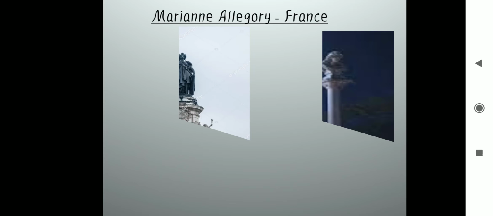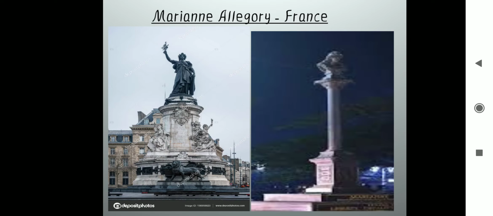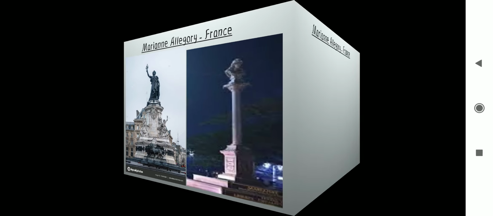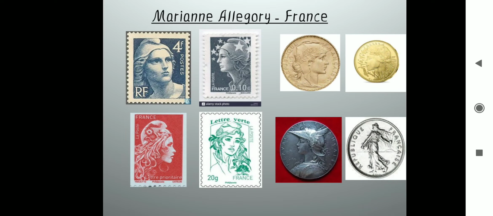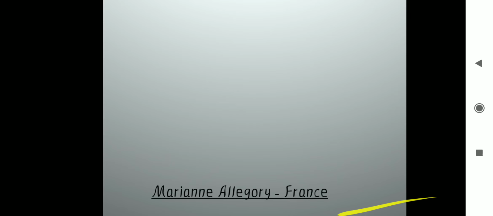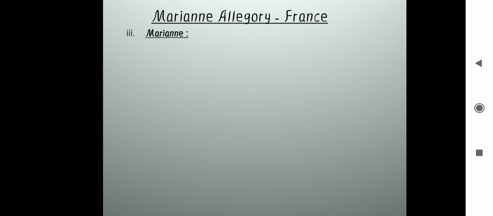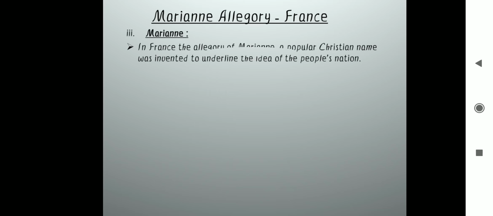Her statues were erected across the streets in the country. Her picture was represented on stamps and coins. Let us refresh what we have studied. In France, the allegory of Marianne, a popular Christian name, was invented to underline the idea of the people's nation.